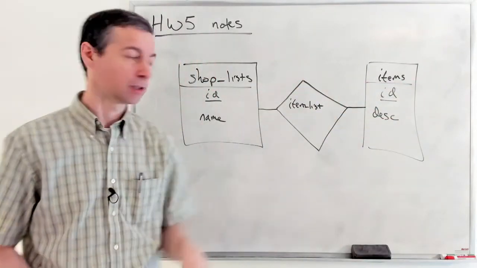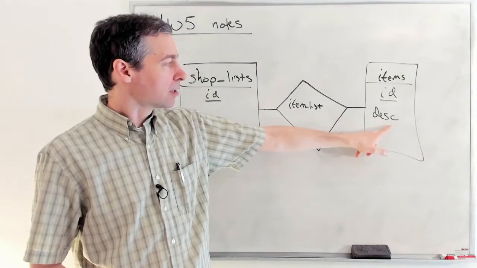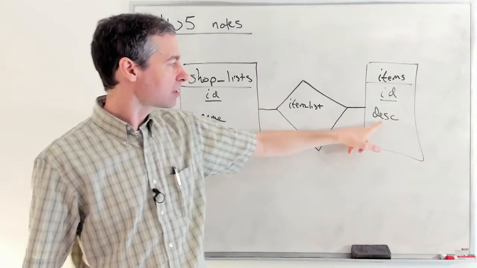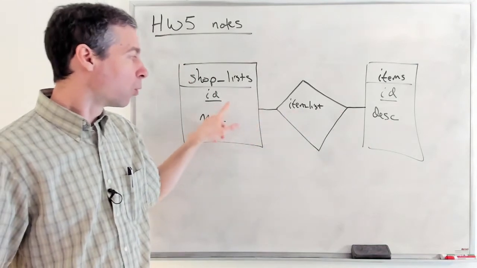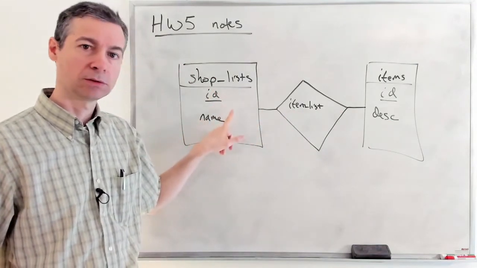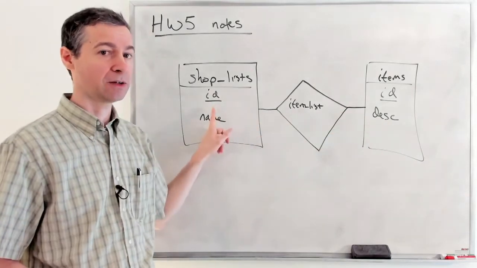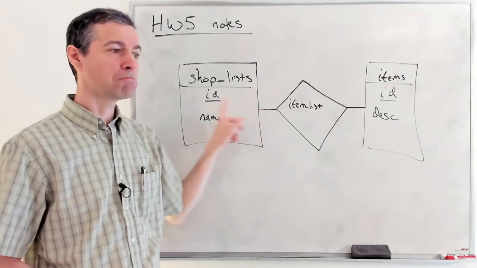So that's good. Items, I'm going to have a single item here, and it's going to map to one and only one list. So the item will never exist without the list, and it will map at most to 1.